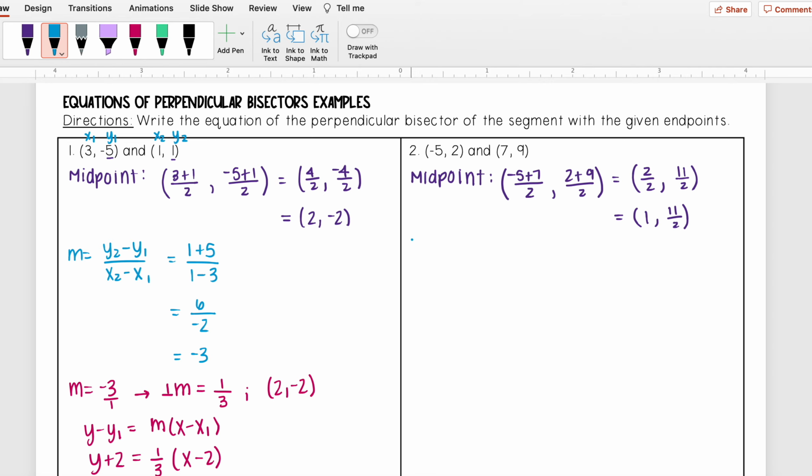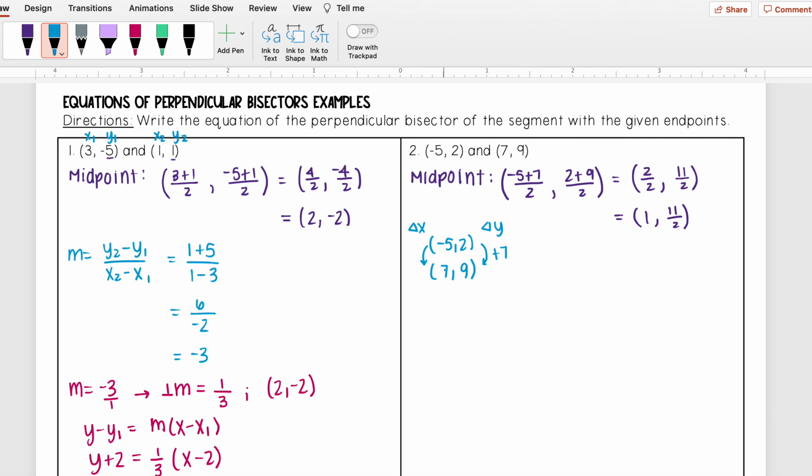So that was my first step. My second step is I need to figure out the slope. This time I'm going to go ahead and use the stacking method. So I have -5, 2, 7, 9. So just find the slope of the segment. To get from 2 to 9, I need to add 7 to 2, because 2 plus 7 gets me 9.